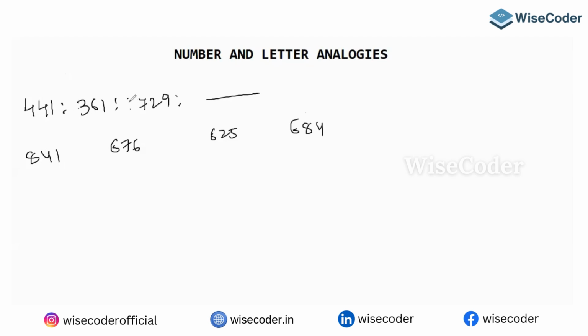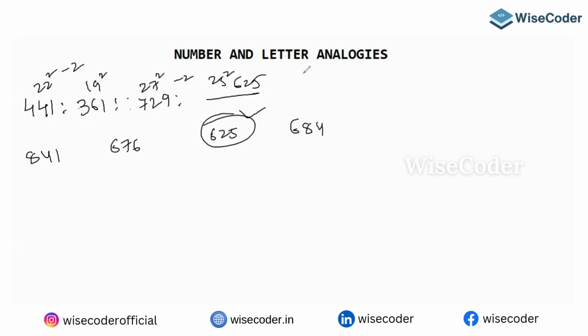Again, these are squares. This is 21 square, 19 square, 27 square. Look at here. 22 square, 19 square, minus 2. 27 square minus 2 will give you 25 square. What is 25 square? 625. Your option is there? Yes. Which option? Third option. You can answer your question.